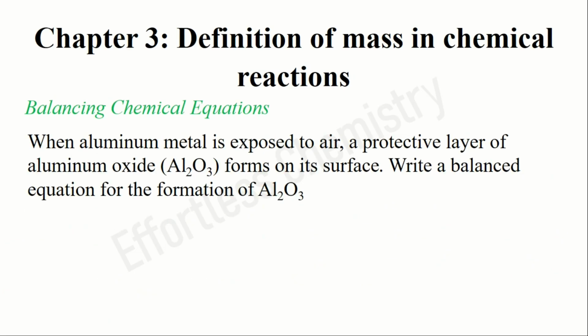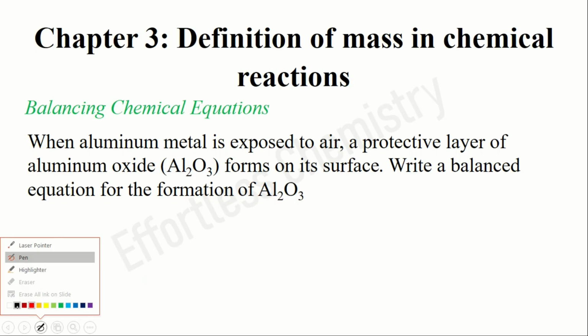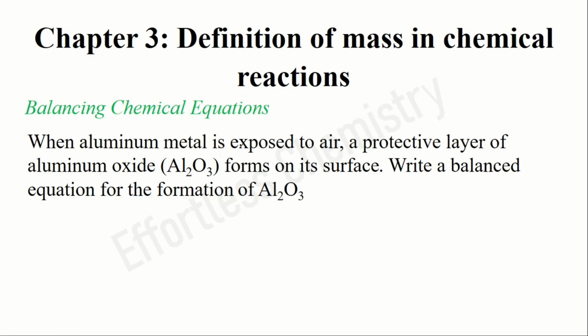Now let's solve another example, which is like a question. When aluminum metal is exposed to air, a protective layer of aluminum oxide forms on its surface. Write a balanced equation for the formation of aluminum oxide. Okay, I will first write an equation, not balanced.